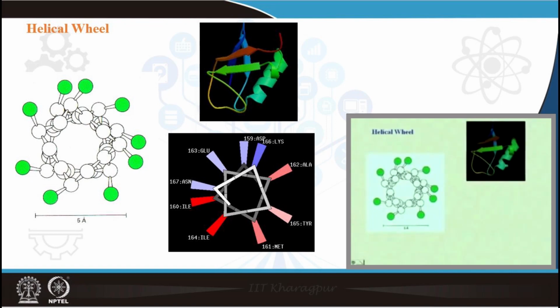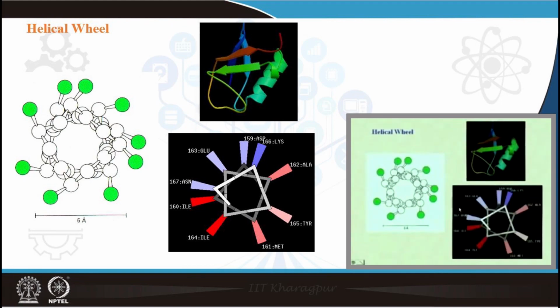So what I should expect is that this set should be one type, and this set should be another type. Why? Because I am looking down the helix now. All the ones that are on one side, inside facing the protein, should be hydrophobic in nature, and all these ones should be hydrophilic in nature.